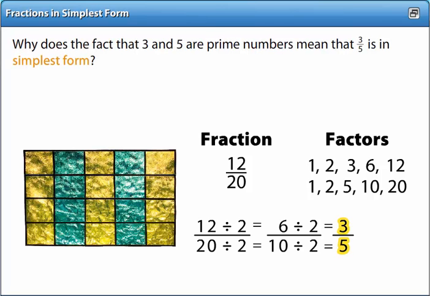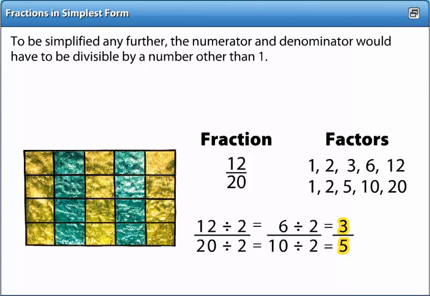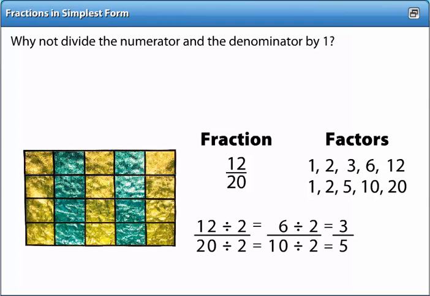Why does the fact that 3 and 5 are prime numbers mean that 3/5 is in simplest form? To be simplified any further, the numerator and denominator would have to be divisible by a number other than 1. Why not divide the numerator and the denominator by 1?